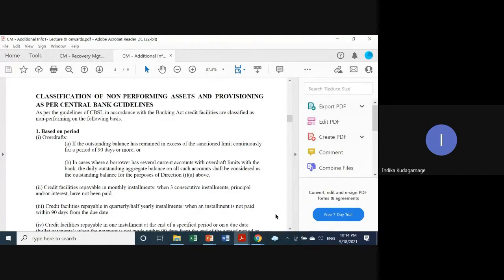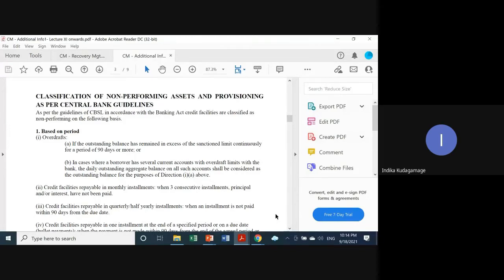So when we are into watch listing, then the worst case is we can't do anything and the facility goes to NPA, right? So facilities will go to NPL. That means non-payment for more than 3 installments or 90 days in arrears, right? So NPL classification can be done based on two methods.